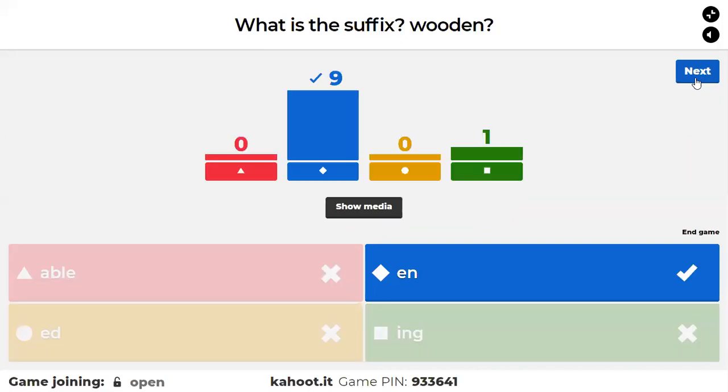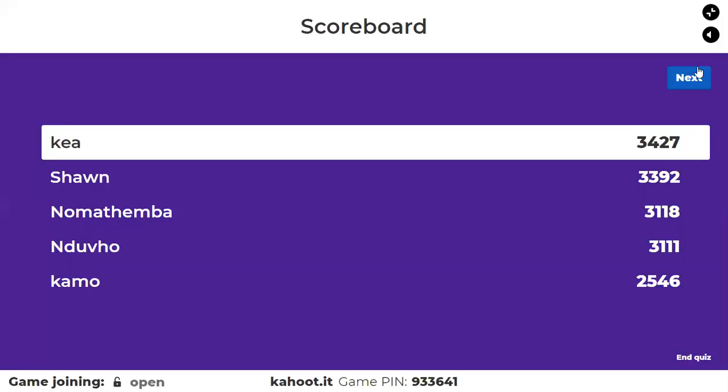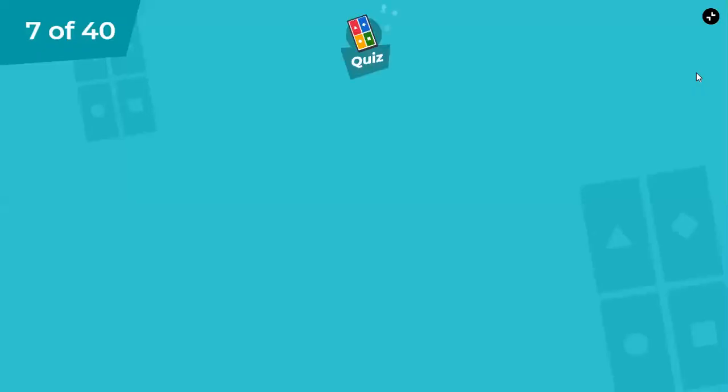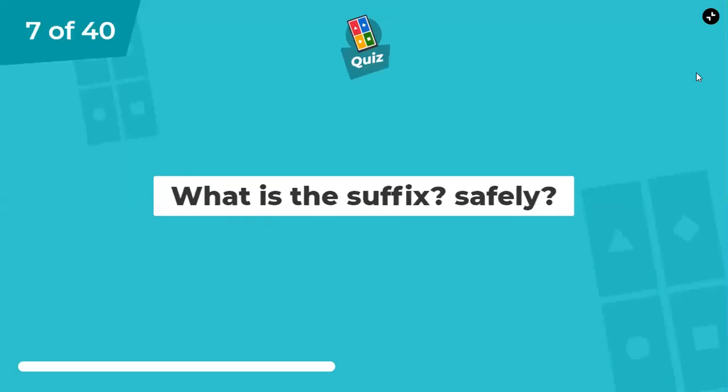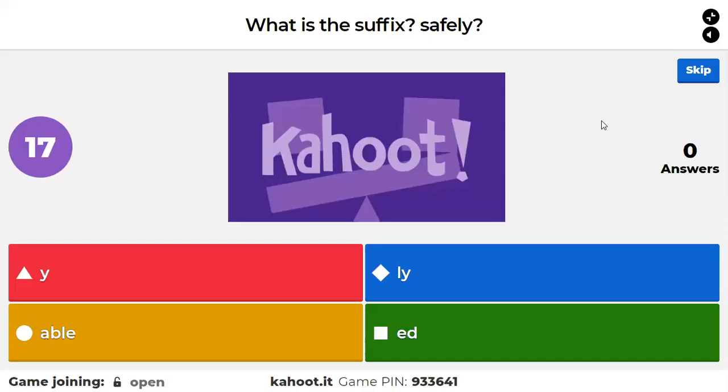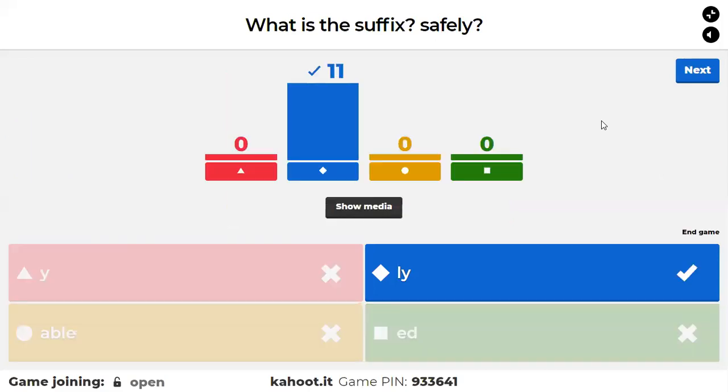Yes, it's E-N, wooden. Okay, next one. What is the suffix of safely? Red is Y, blue is LY, yellow is able, and green is ED. It's blue, LY, yes.